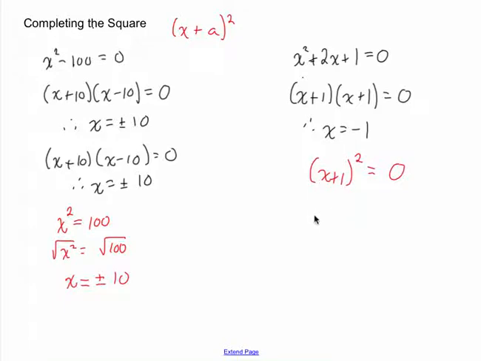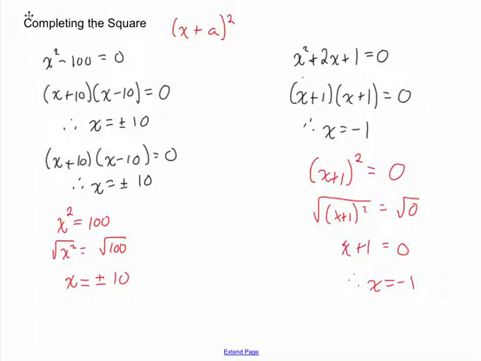Now, we could take the square root of both sides, and we end up with x plus 1 is equal to the square root of 0, which is just 0, therefore x is equal to negative 1. We end up getting the same answer, but we used a different method called the square root method.